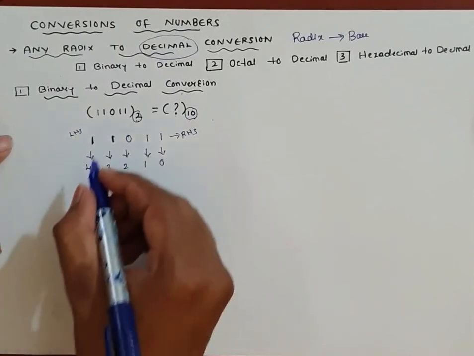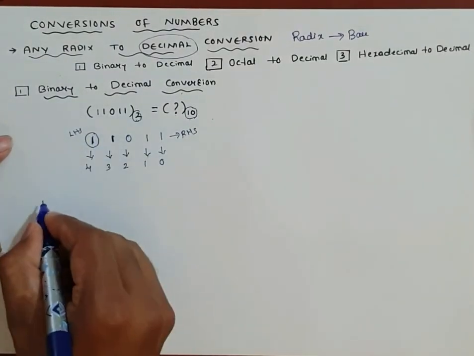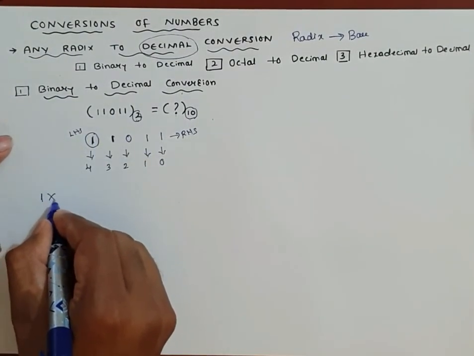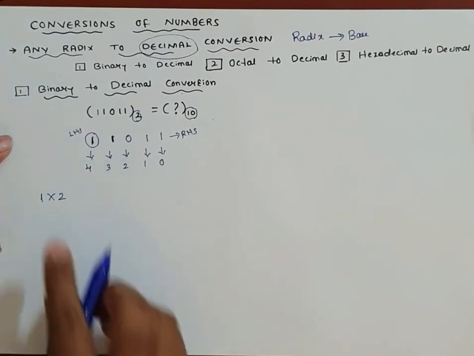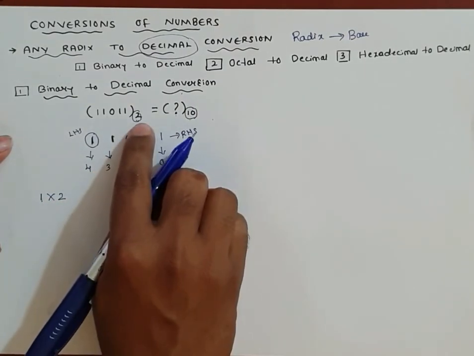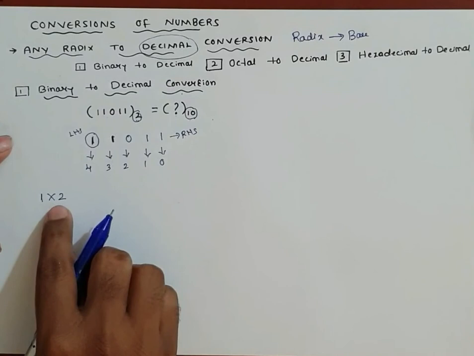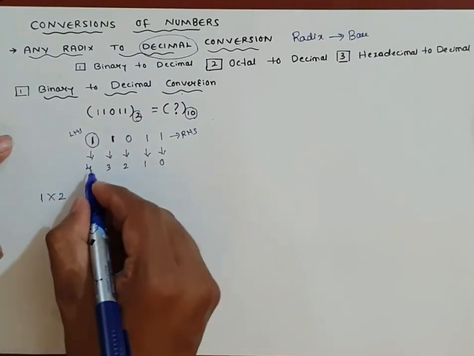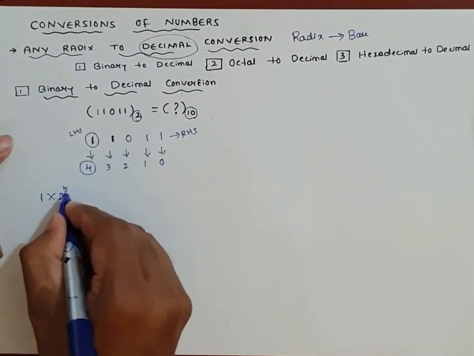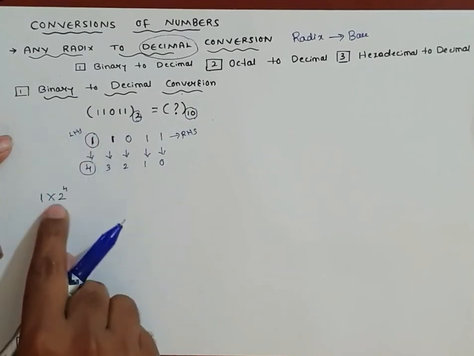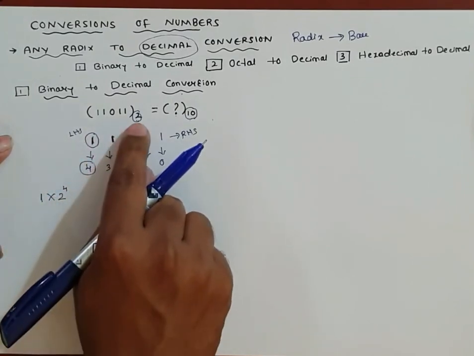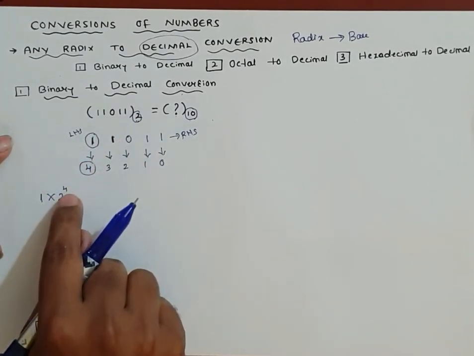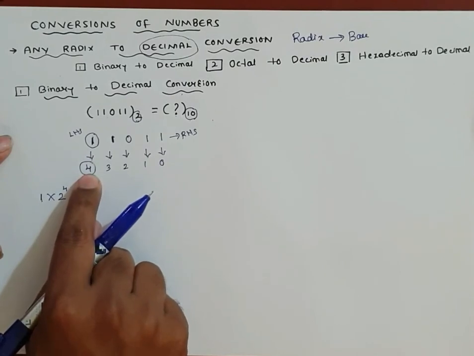So next, take this number 1, multiply by 2. So why multiply by 2? Because here the base is 2. Multiply by 2 and the power should be 4. So 1 into 2, because the base is 2 here, and the power should be this number 4.